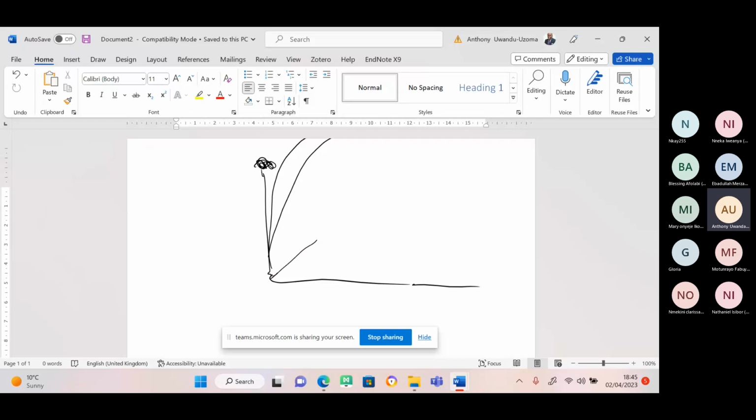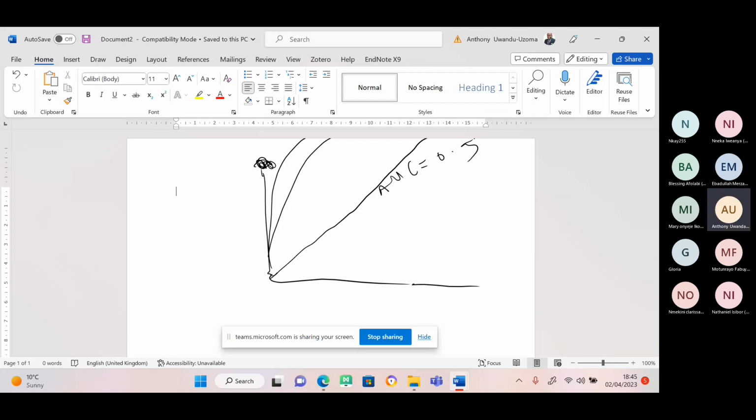So you have this line here, where our AUC is 0.5. Our AUC is 0.5 on this straight line. So we don't want our ROC curve to touch this line.